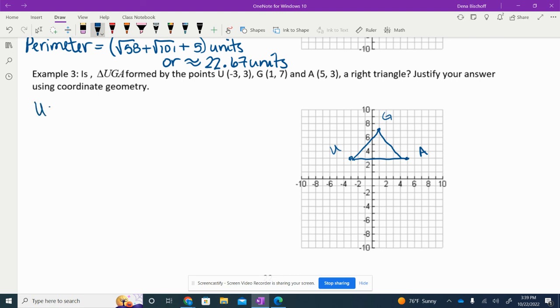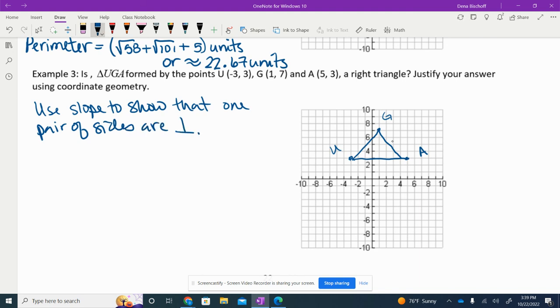So I'm going to use slope to show that one pair of sides are perpendicular. I'm going to find the slope of all the sides, but really I'm probably trying to prove that UG is perpendicular to GA. So I'm going to find the slope of UG, the slope of UA, and the slope of GA.